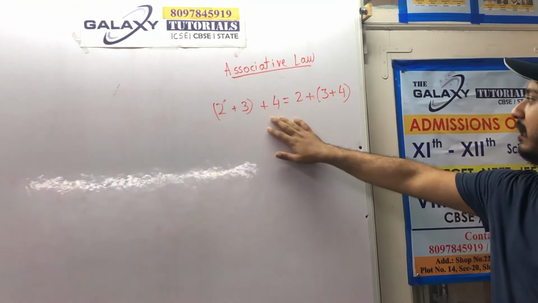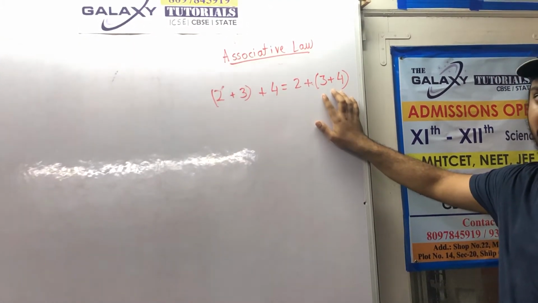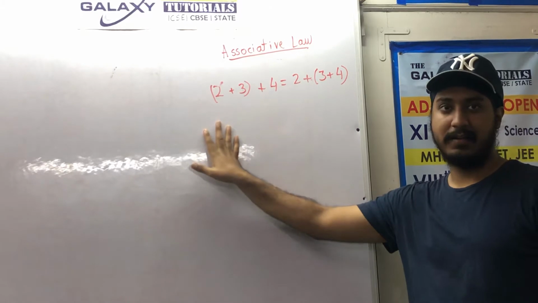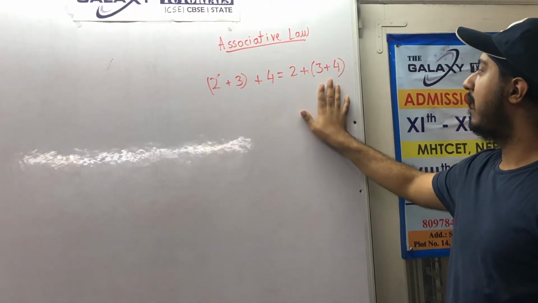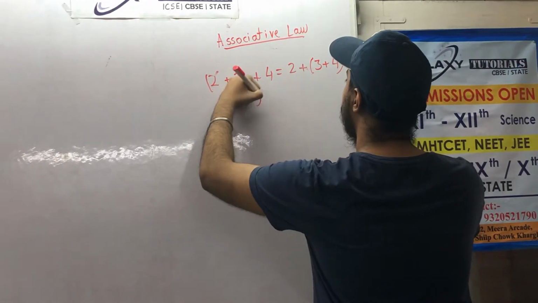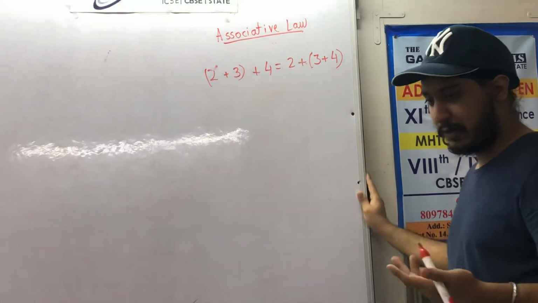Here 2 plus 3 is in bracket, and there 3 plus 4 is in bracket. But when you open the brackets and add, the answer will be 2 plus 3 is 5, 5 plus 4 is 9. Here also it will be 9. So 9 is equal to 9. You all know that. Okay, so the same is the rule for vector addition also.